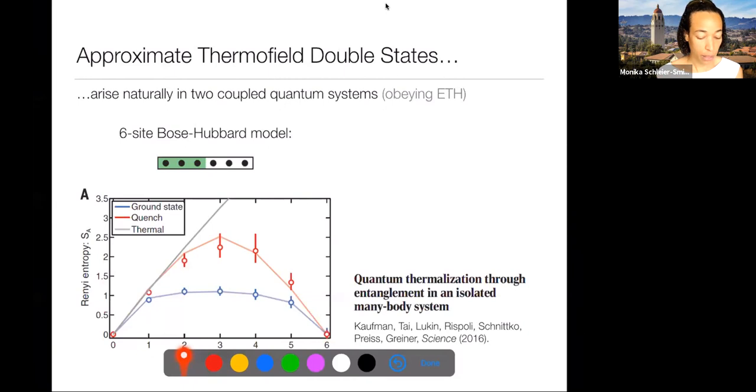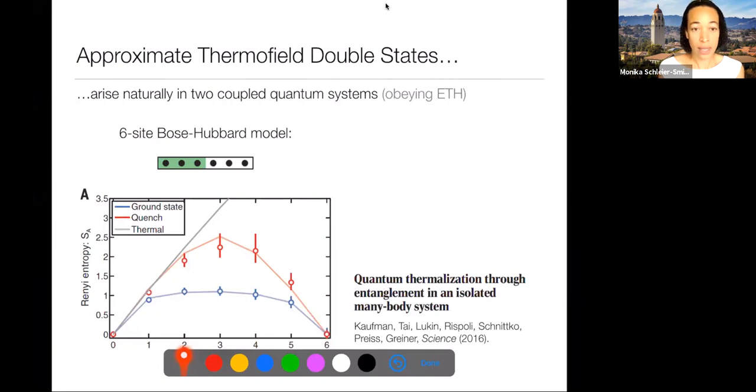But if you cut it and look at the entropy for some subsystem, like half the system, that's higher. The gray line indicates what it would be for a thermal state. It's not precisely thermal for the half cut, but it still approximates something like this. Each half of the system is in an approximately thermal state without any fancy preparation. It's just having these coupled sites of a Hubbard model.